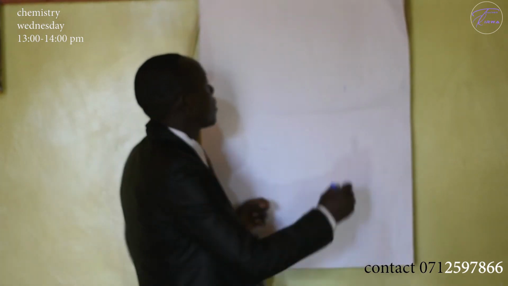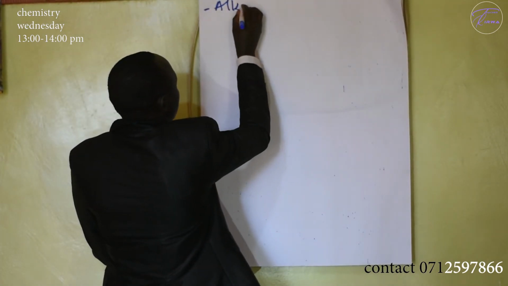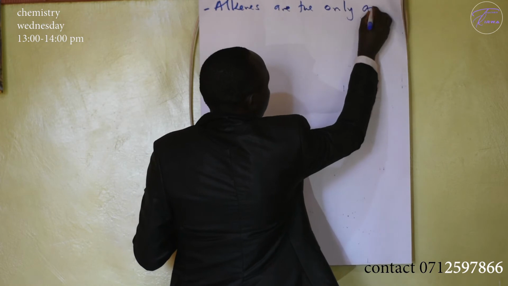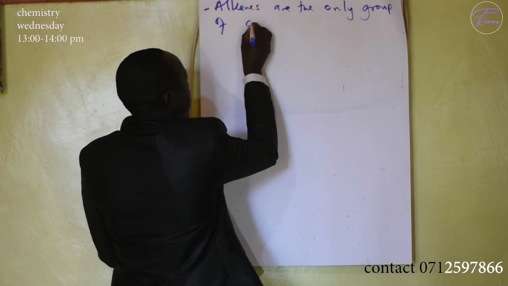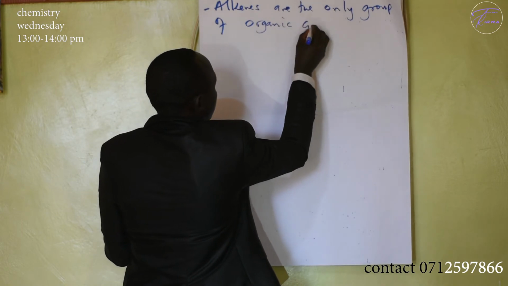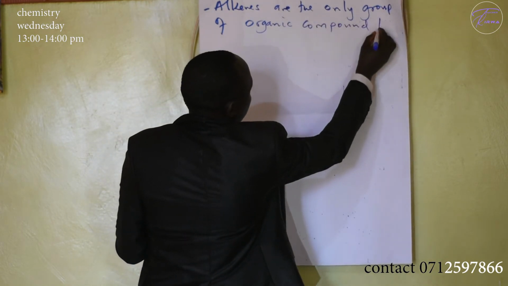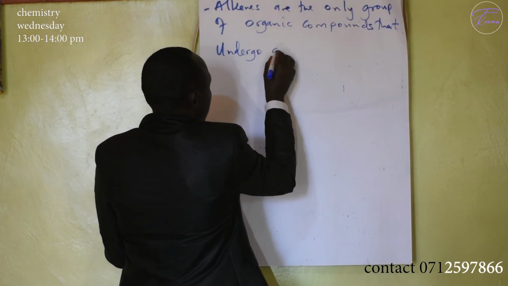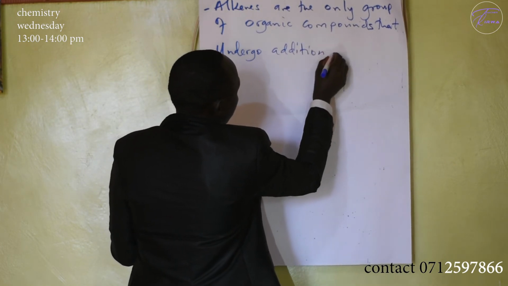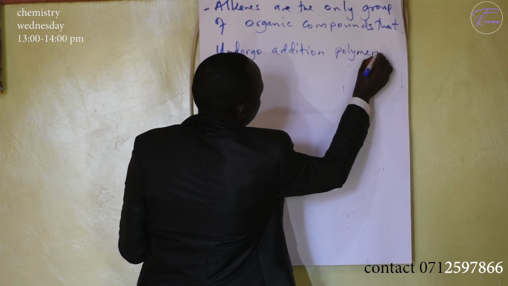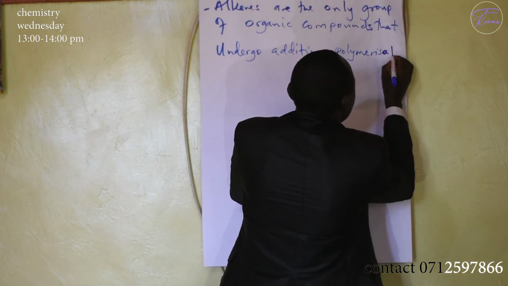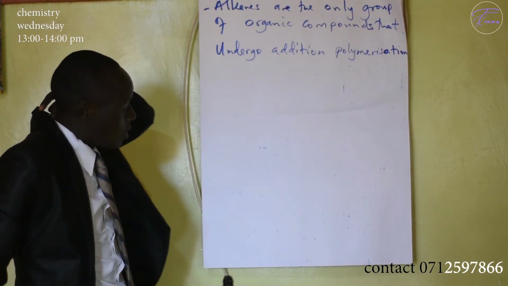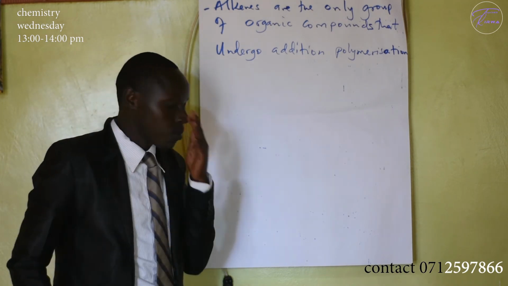So maybe we can say alkenes are the only group of organic compounds that undergo addition polymerization. So that one is addition polymerization.